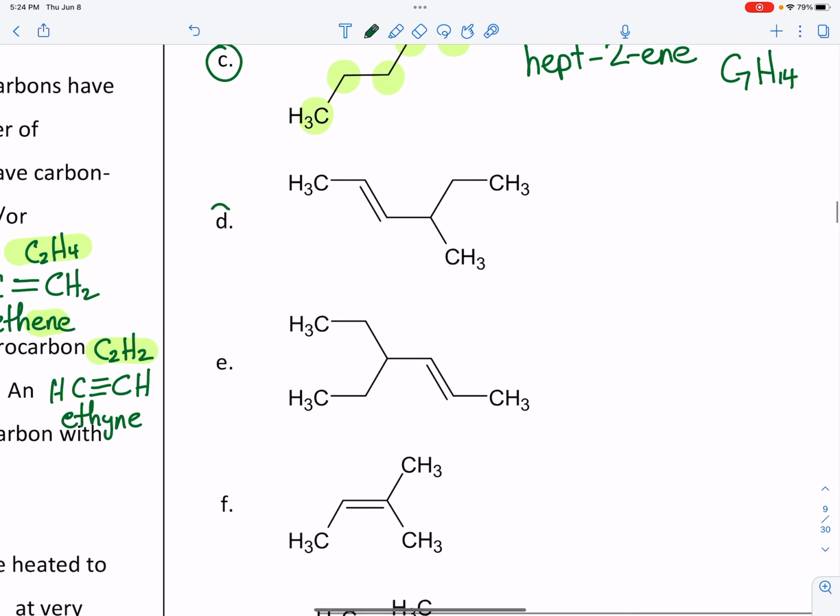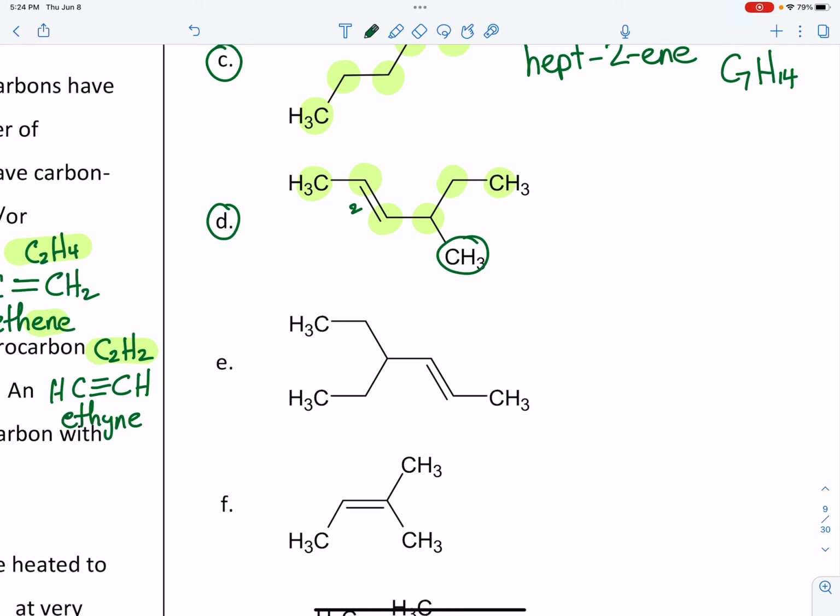What about part D? Well, part D, we can see it has a branch. Okay, so let's carefully find the parent chain. 1, 2, 3, 4, 5, 6. So it's got 6 carbons in the parent chain, the longest continuous chain in the molecule. We see a double bond, and we notice it's the second bond if we count from the left, counting from the end closest to the double bond. And we see that there's a branch. That branch is a methyl branch. Now, which carbon is it on?